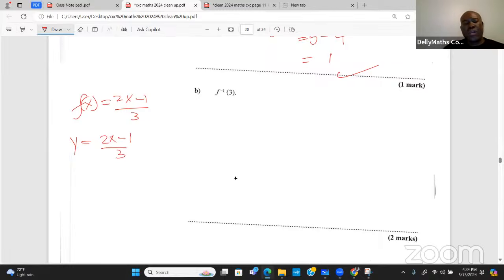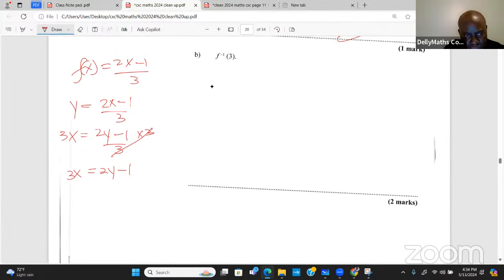The first thing that you want to do is to switch x and y. So x is equal to 2y minus 1 over 3. Then transpose to find y. Multiply both sides by 3. So we have 3x equal to 2y minus 1. That would have canceled. Then we're going to add 1 to both sides.